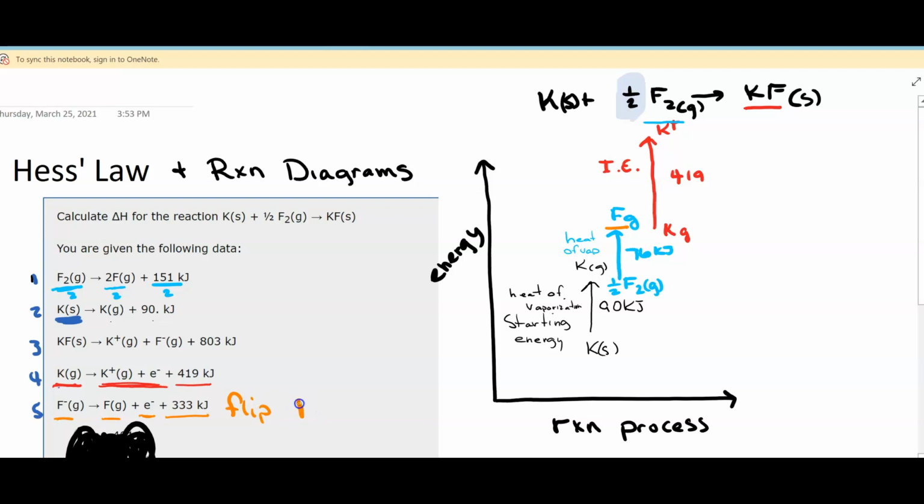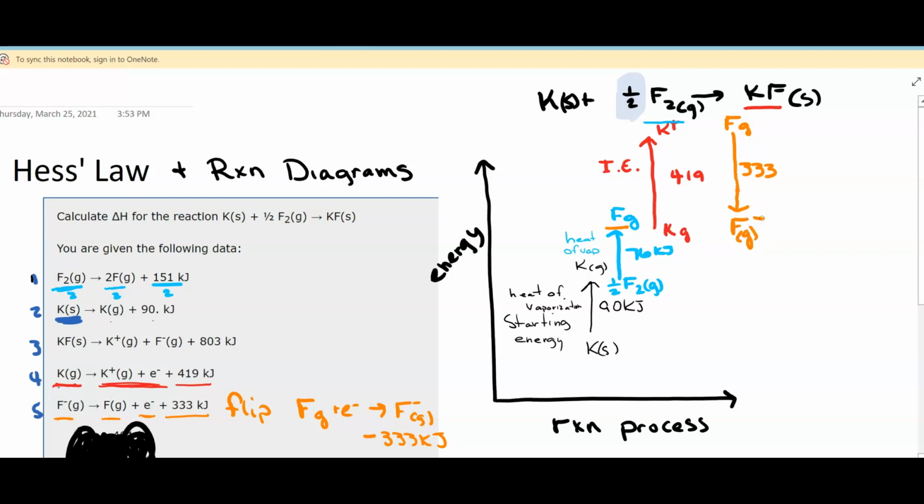We need it to say that fluorine gas, when it gains an electron, becomes the fluoride ion in gas form. And instead of being a positive 333, it would be a negative 333 kilojoules of energy. That's electron affinity. As a negative, it's pointing down. Not quite as long an arrow, it's a little less than 419, 333, pointing down. And that's taking fluorine in gas form and turning it into the fluoride ion in gas form.